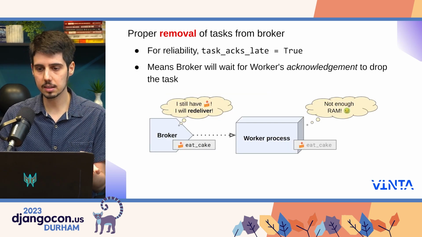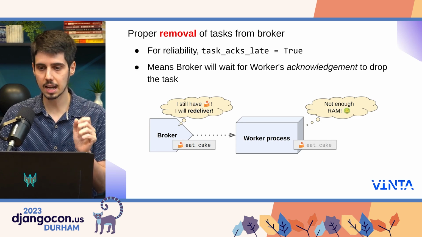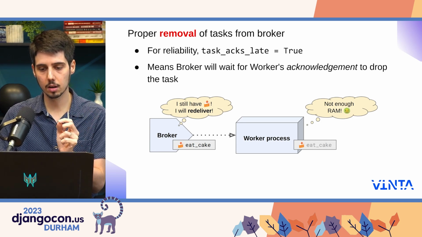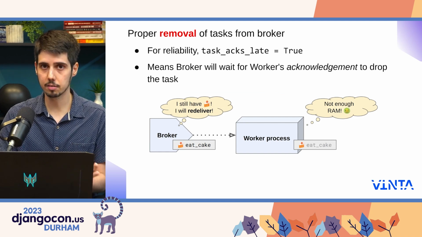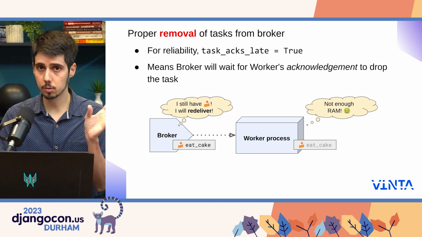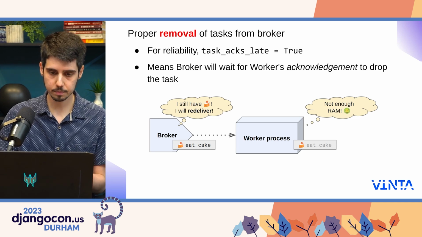The broker will wait for the worker's acknowledgement to drop the task. In the case of the worker process not having enough RAM and being killed by the operating system, the task will remain on the broker side and it will be redelivered.